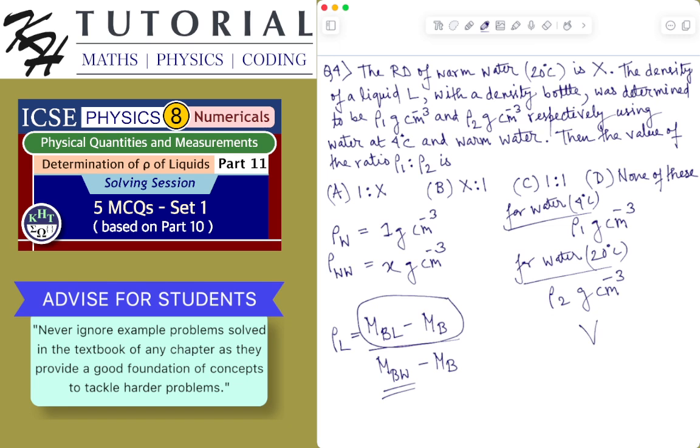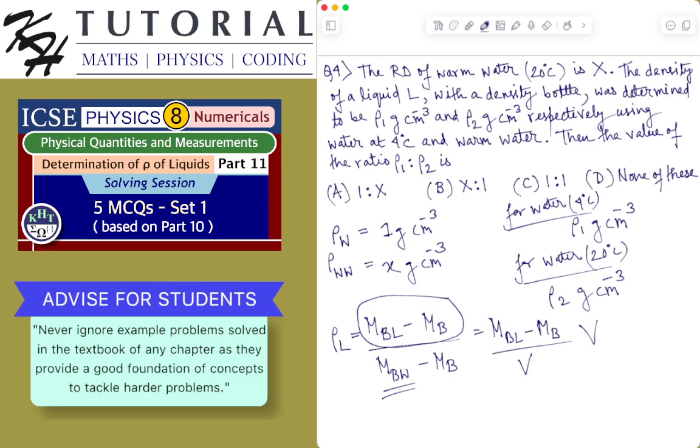We consider V to be the capacity of the density bottle, or the volume of the water at 4 degrees centigrade or 20 degrees centigrade, and the volume of the liquid L. Since V is not changing, rho L is nothing but MBL minus MB divided by V, where V is the capacity of the density bottle, which is also equal to the volume of the liquid L or the volume of water at 4 degrees centigrade or 20 degrees centigrade.